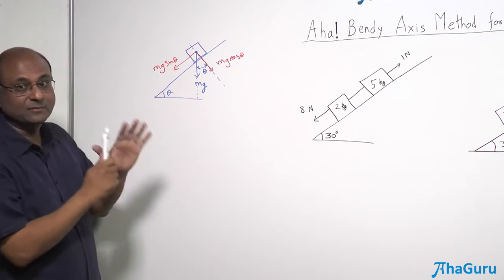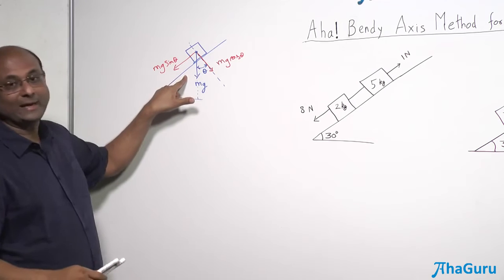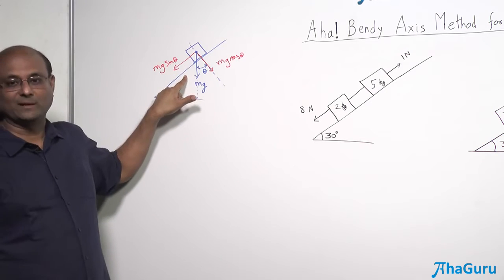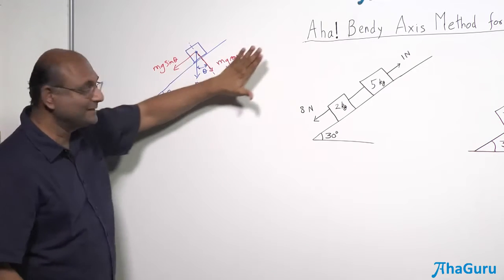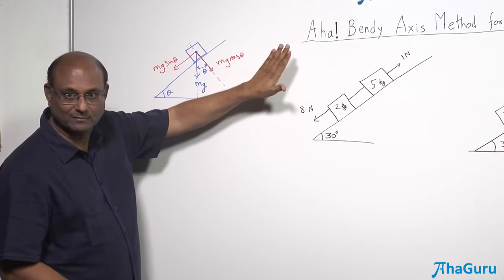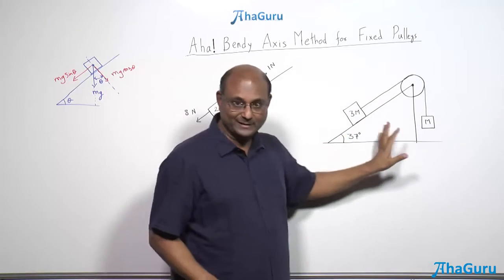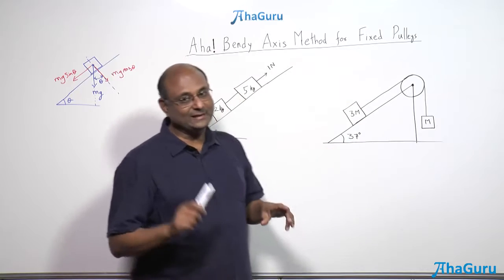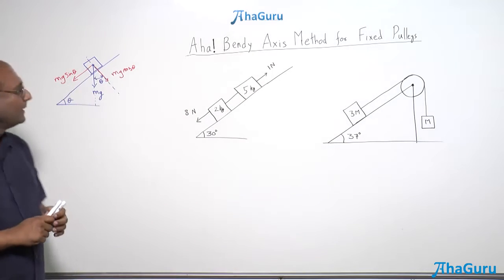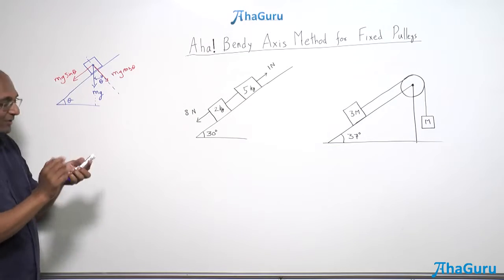Just remember, this will work very well when the inclined plane itself is not moving. When you have moving wedges, that means when the inclined plane starts moving, for example here, this is a fixed wedge. Suppose this was a moving wedge, then resolving it like this and like that can sometimes lead you to danger. This is okay, there is nothing wrong with it.